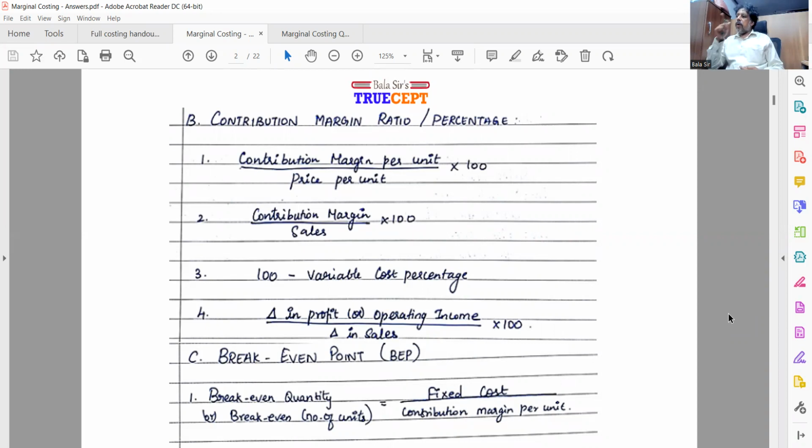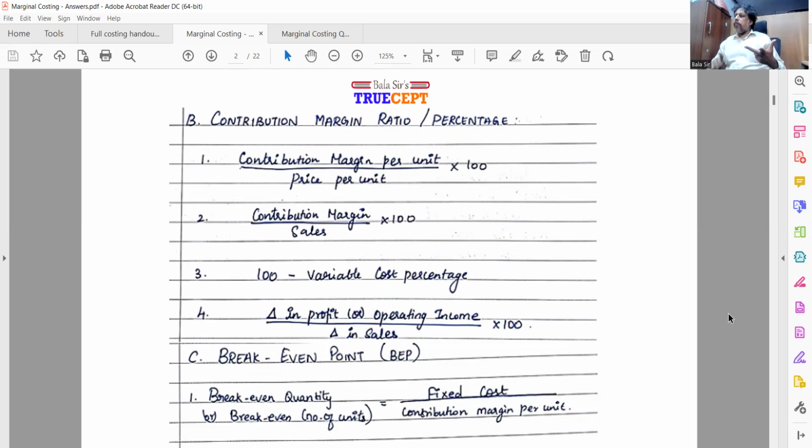I can say that my contribution is 40% of sales. It is a no brainer, because variable cost is 60% of sales. If 120 rupees upon 200 is 60%, then the balance rupees 80 contribution by 200 should be 40%.